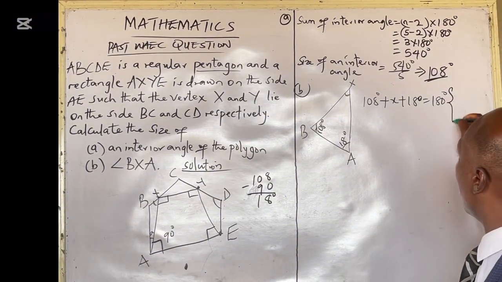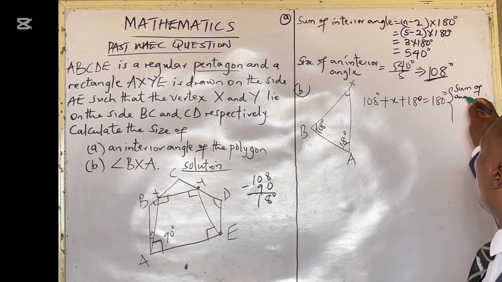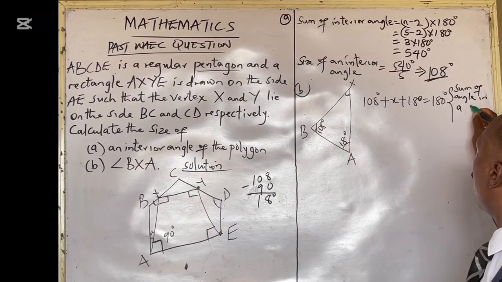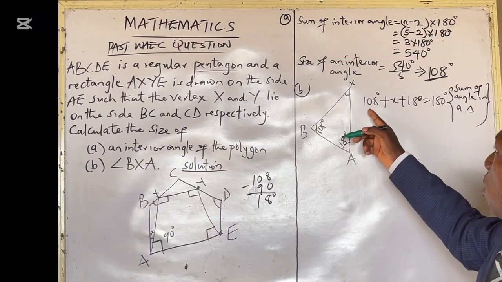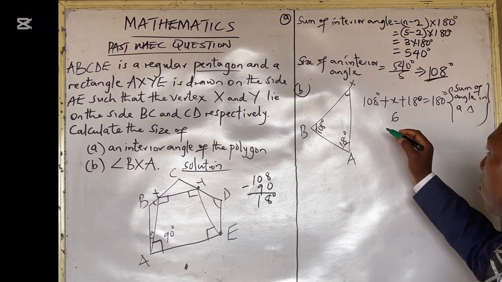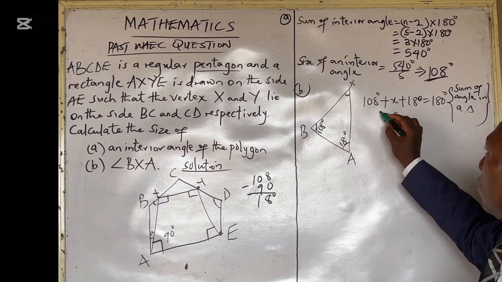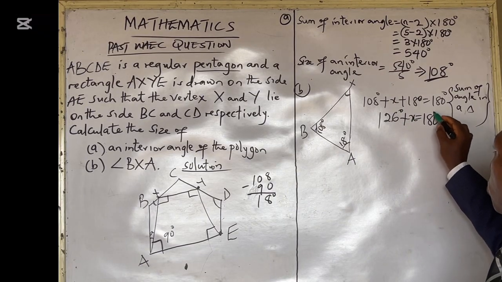When we add 108 plus 18, we get 126 degrees plus x equals 180 degrees.